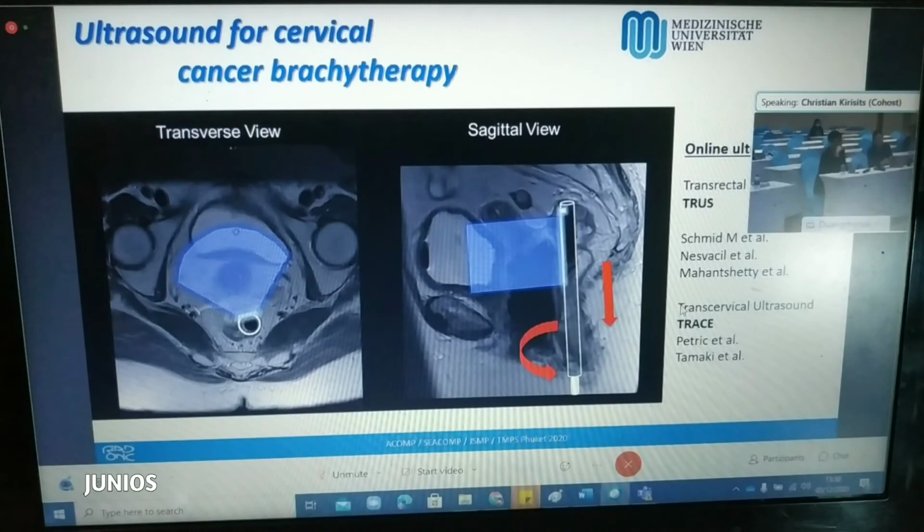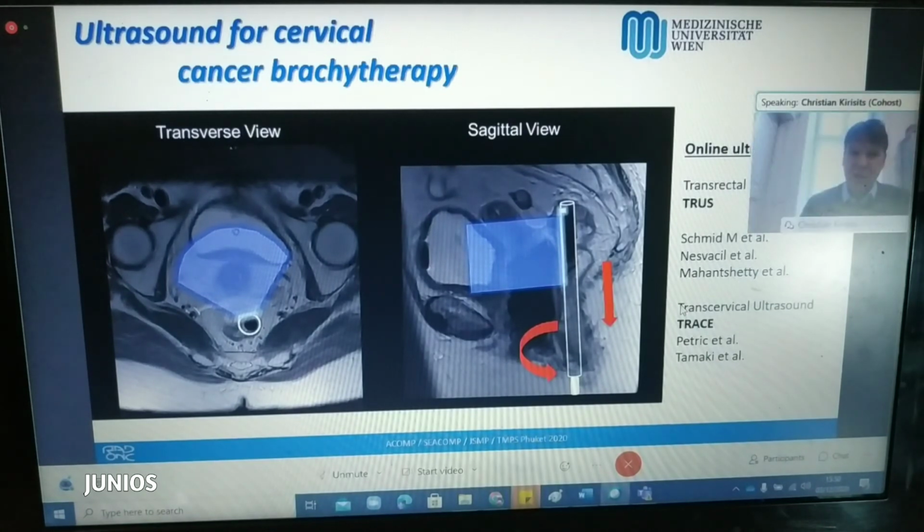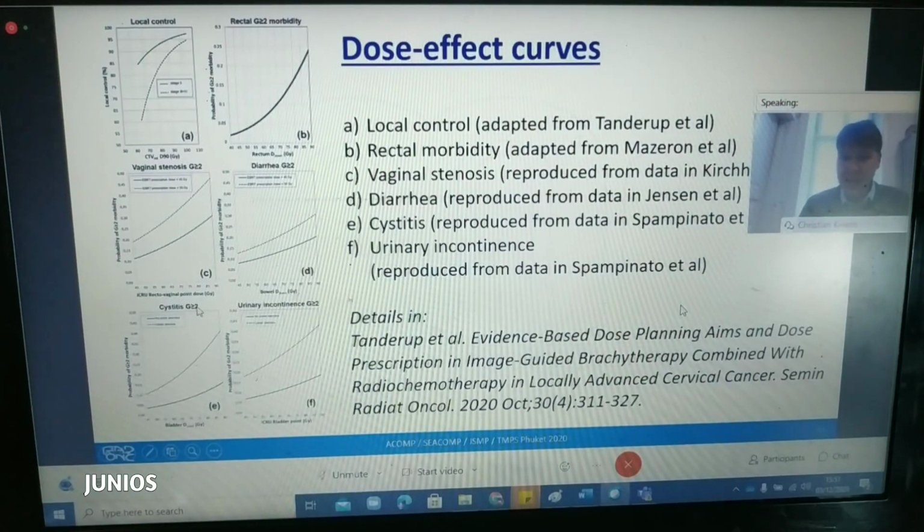For the vagina, there is some interesting evidence coming from EMBRACE 1, and it shows that these two points on the left and right of the ring are not able to show any dose effect curve. What seems to be important is the ICRU recto-vaginal point on the posterior part, and also the fifth point.